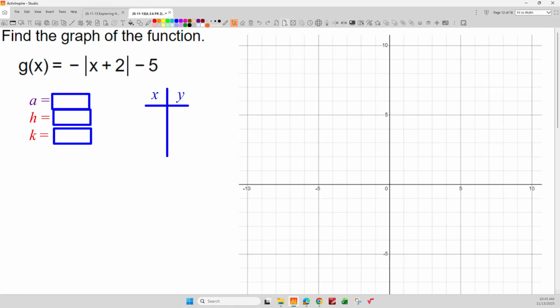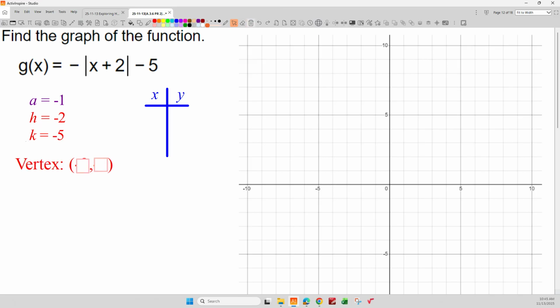So let's try this. What about one like this function? It's an absolute value function, obviously. What's the value of a? -1. Because that's the number that's out in front of the absolute value, being multiplied by the absolute value. What's the value of h? -2. Good. And what's the value of k? -5.